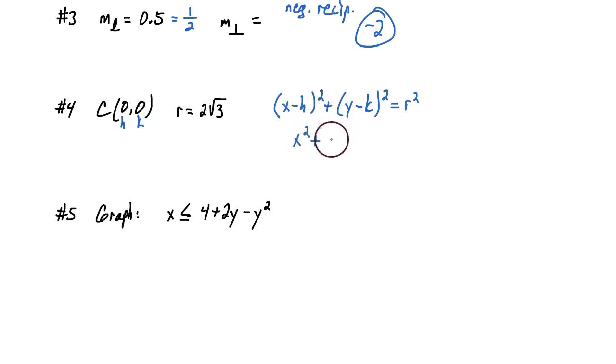We have y minus 0, that's just y squared. And now we want to square the value of r. So be really careful with that. You're taking the number for r and squaring it. You've got to square both parts of this. 2 squared makes 4, and square root of 3 squared makes 3, and 4 times 3 is 12. So here's the equation.